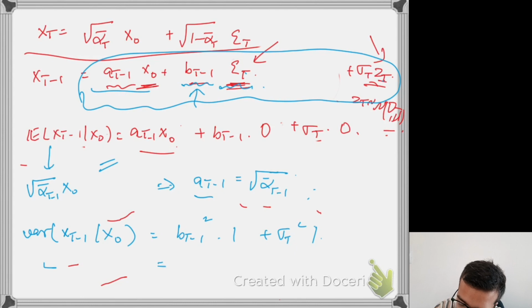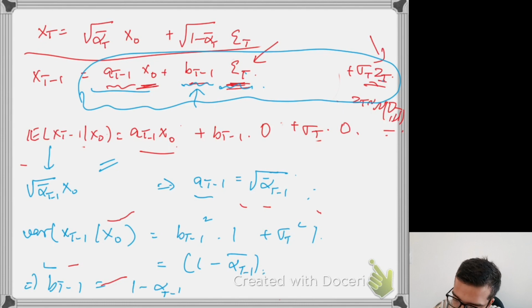And this should be equal to 1 minus alpha_{t-1} bar. So this gives us that b_{t-1} equals the square root of 1 minus alpha_{t-1} bar minus sigma_t squared.